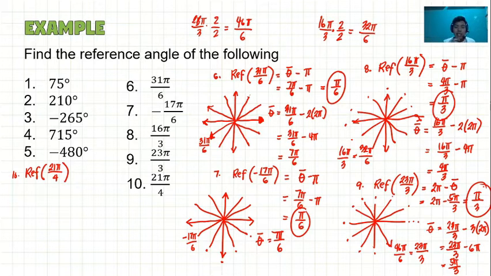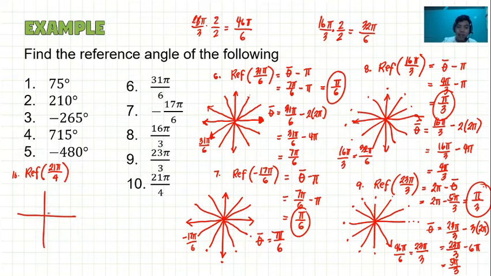So what we're going to do here is, since we know that pi over 4 is 45, we will divide the whole unit circle or the xy plane into 45. Okay, so if we have this xy plane here, so this is 90 divided by 45, so that is 2.